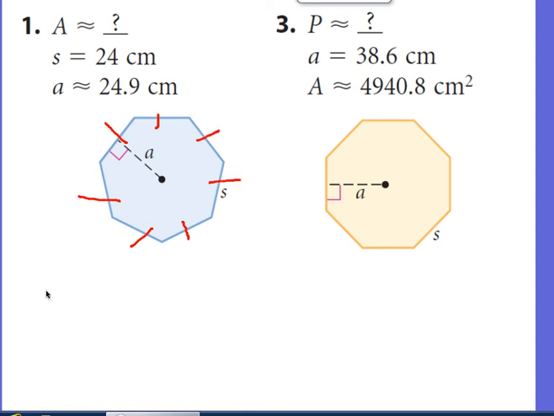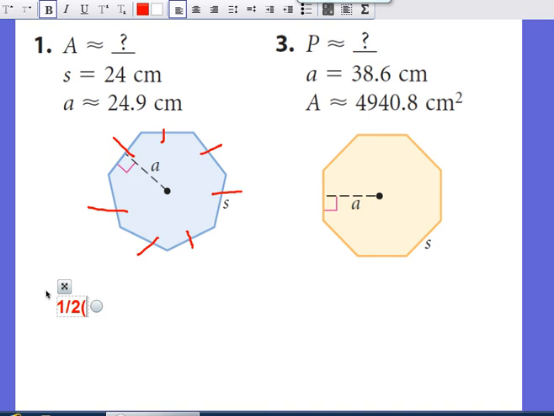So our equation is 1/2 times A, S, N: apothem times the length of the side times N. We get 1/2 times A, which is 24. We multiply that by the length of the side, 24.9. We multiply that, and obviously these little stars I'm drawing are our multiply sign, by the number of sides, which is 7.